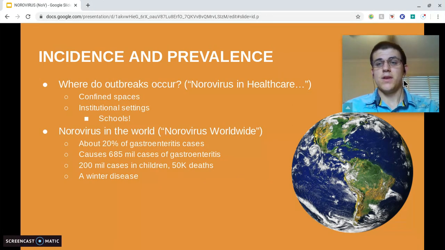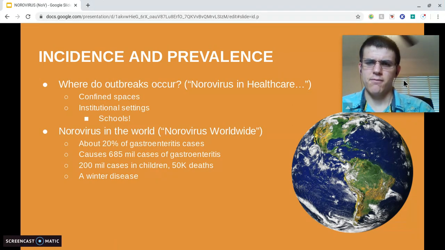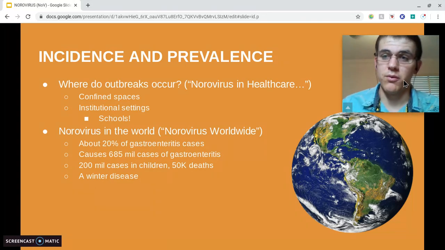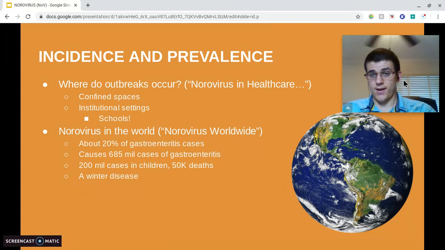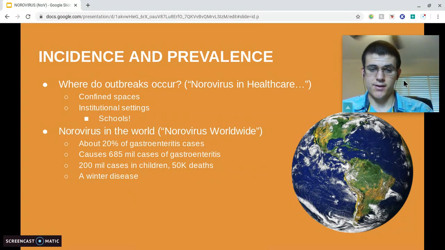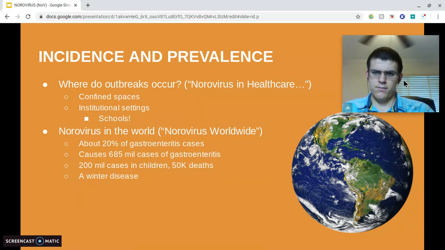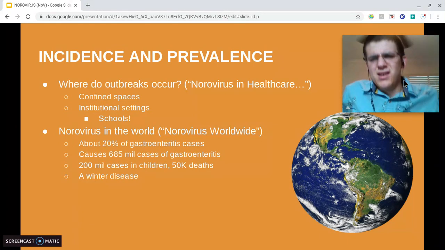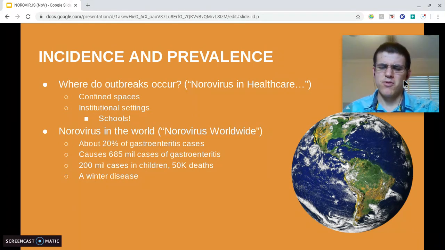This is mostly caused because of lack of access to clean water. So you see a lot of countries that have problems, not having a lot of water sources that are sanitary, and this is known as a winter disease. I think it's mostly prevalent in January, February, so it's centered around the winter time.